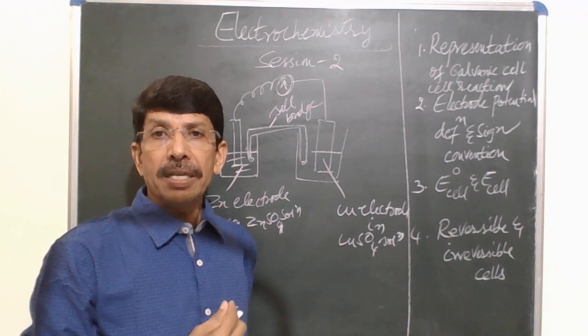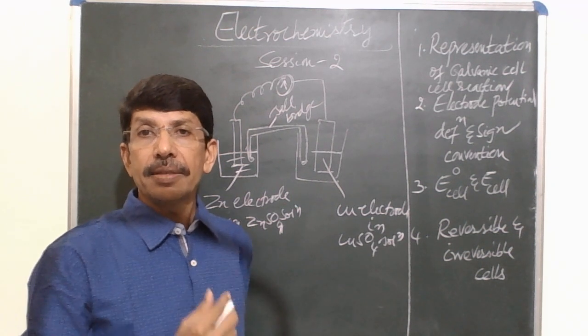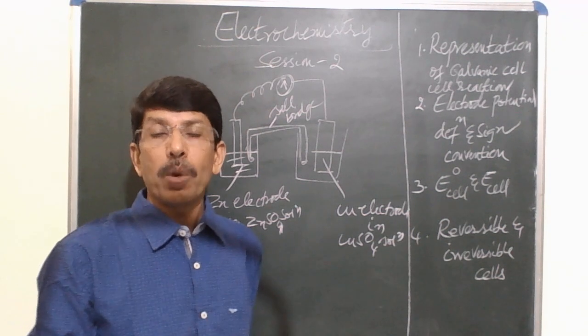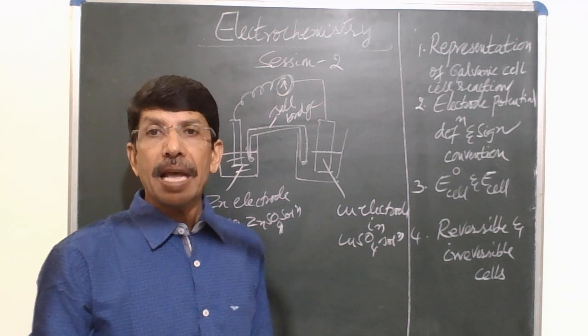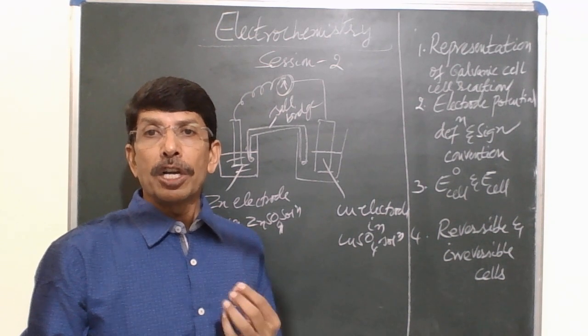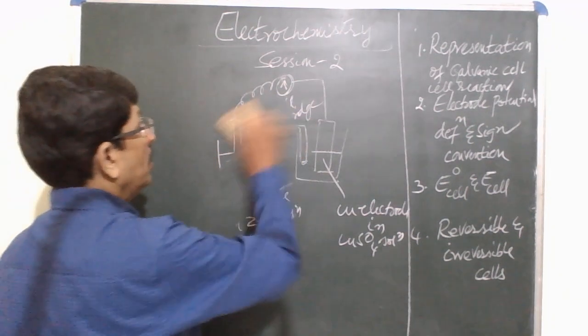It is always time consuming to represent a cell diagrammatically. Therefore, IUPAC has devised a standard method of representing a galvanic cell. So today let us see how to represent a galvanic cell according to the IUPAC convention.